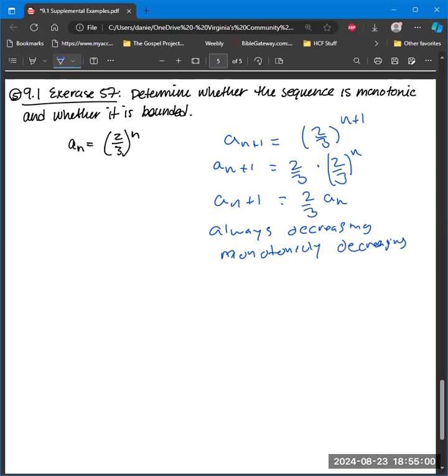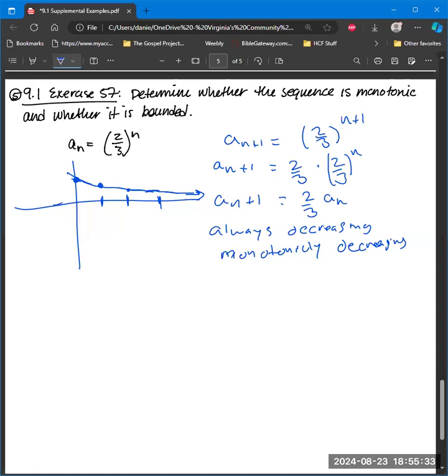You want to see the picture of this, what the graph looks like: when n is 0, a sub n is 1. When n is 1, we're going to have 2/3, and then 2/3 of 2/3 is 4/9, and then we're going down, and so on.